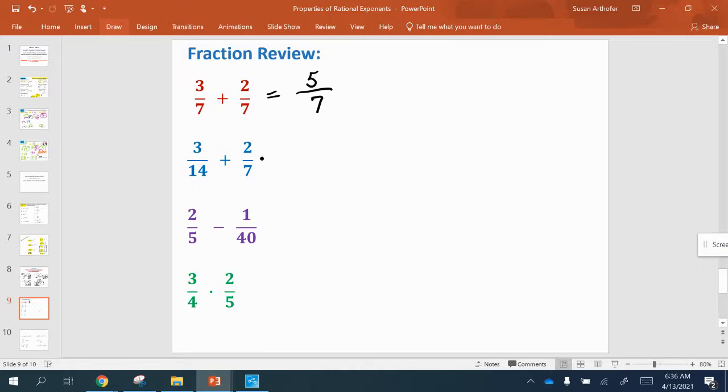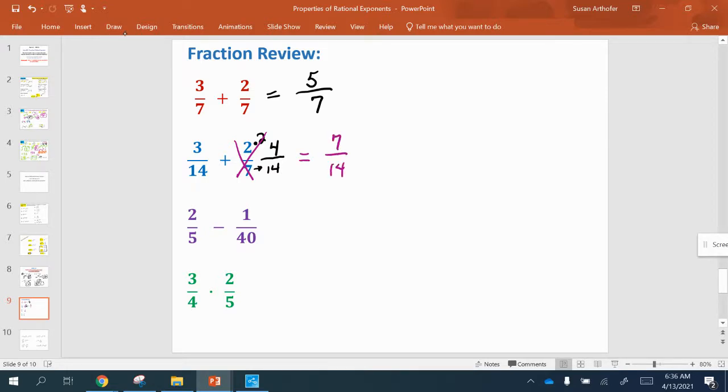So you want to go ahead and make the 7 into a 14. How does 7 change to 14? You multiply by 2, so this would become 4 over 14. You then ignore that, and this just becomes 3 14ths plus 4 14ths, which is 7 14ths.